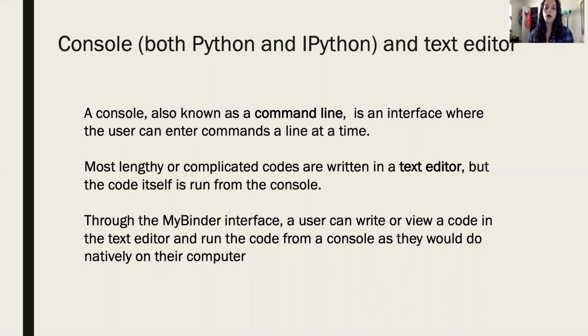Most lengthy or complicated codes are first edited in what's called a text editor, but then the code itself is always run through the command line or console. And the great thing about the MyBinder interface is that the user can write or view the code in a text editor, and then also run that code through the console when they're ready, as they would do on their own computer.